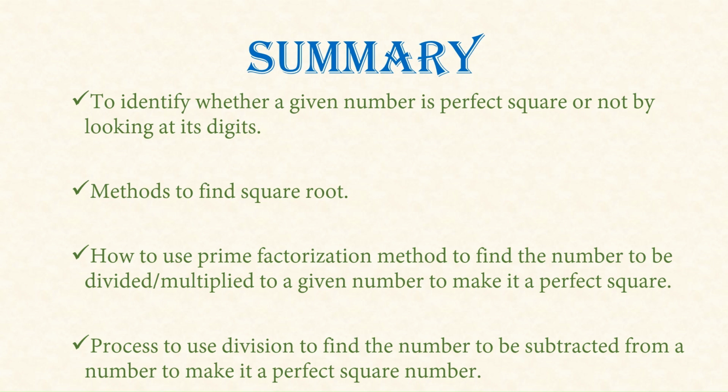We have also seen how to convert a non-perfect square into a perfect square using the prime factorization method and division method. In the prime factorization method, we will either multiply or divide the given number to convert it into a perfect square. In the division method, we have to subtract a particular value from the given number to make it a perfect square.